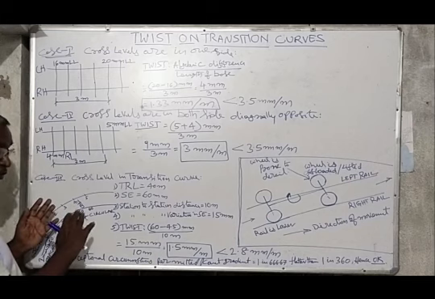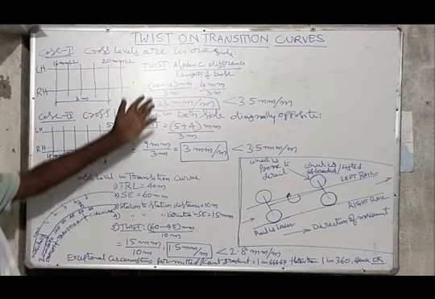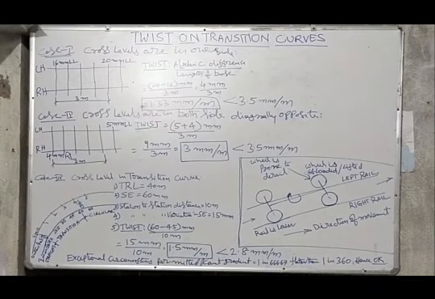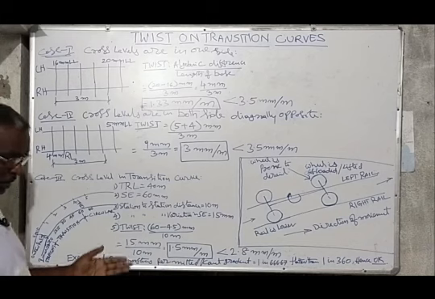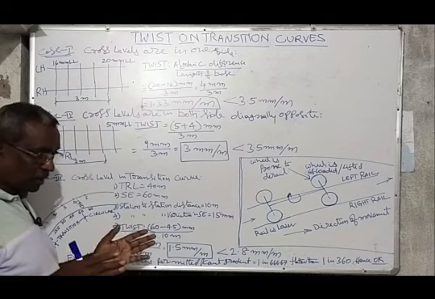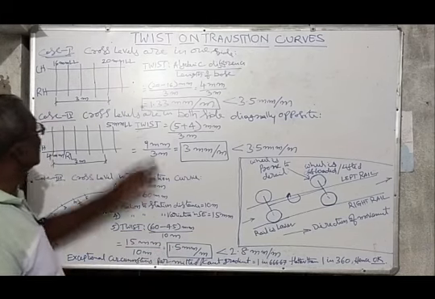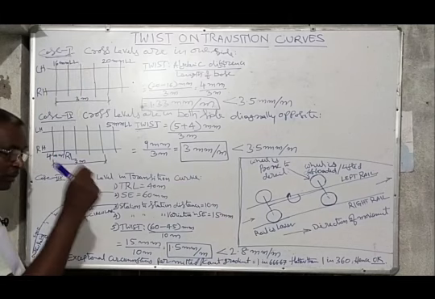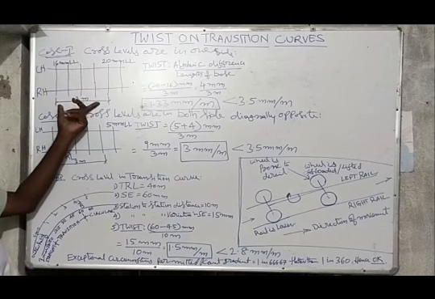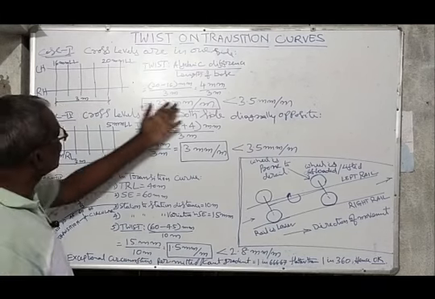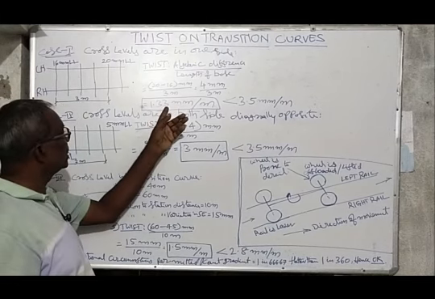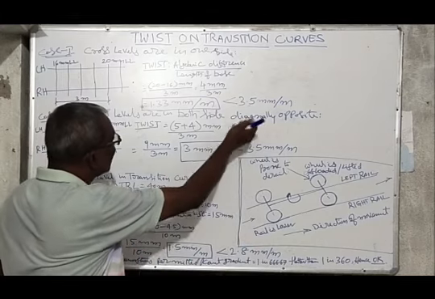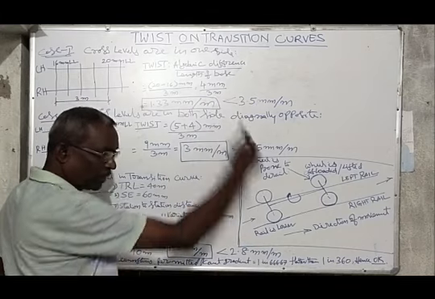If cross levels fall on one side of the rail, the algebraic difference of cross level is the difference of cross level only, that is 20 minus 16, only 4 mm with the fixed base 3 meter. Twist is equal to 1.33 mm per meter. It is very small compared to this 3.5 mm per meter.